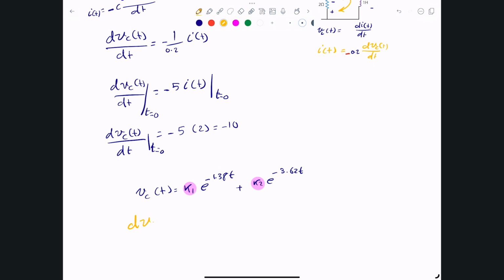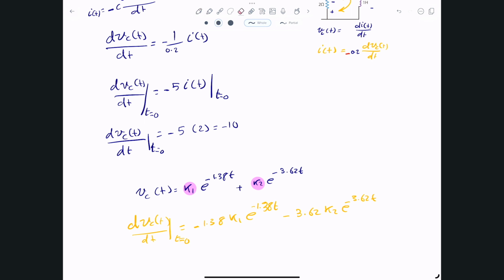What is dVC of t divided by dt? Hopefully you can see it. It's negative 1.38 k1 e to the negative 1.38 t, negative 3.62 k2 e to the negative 3.62 t, but we'll assume that t equals 0 in here.